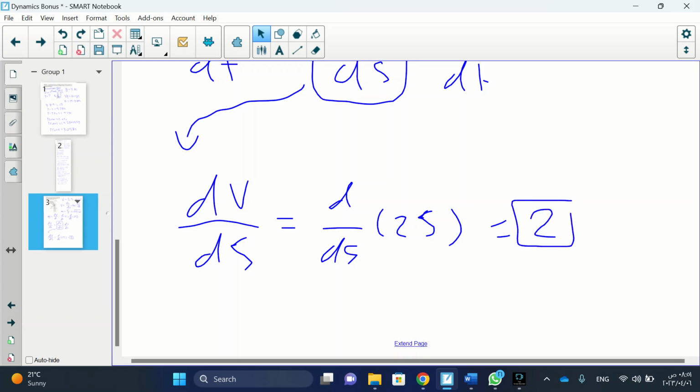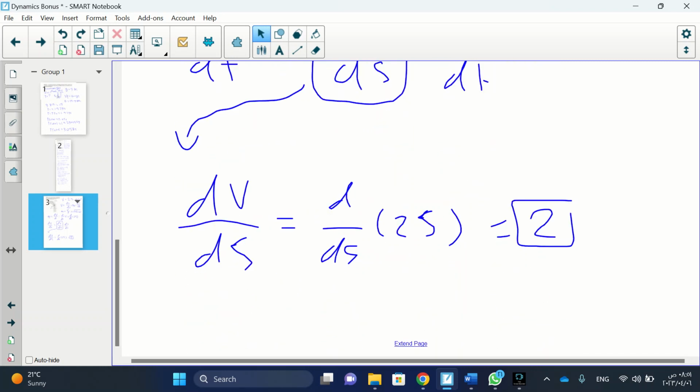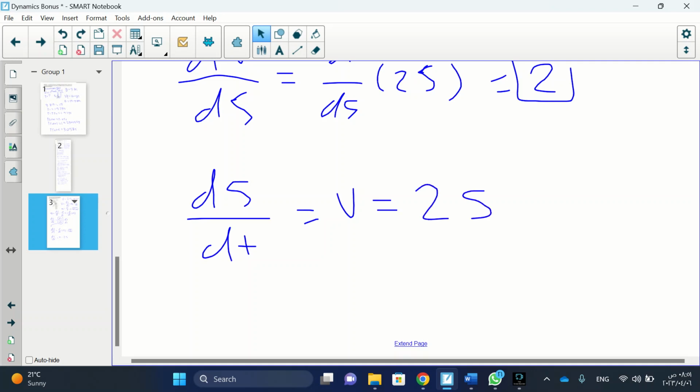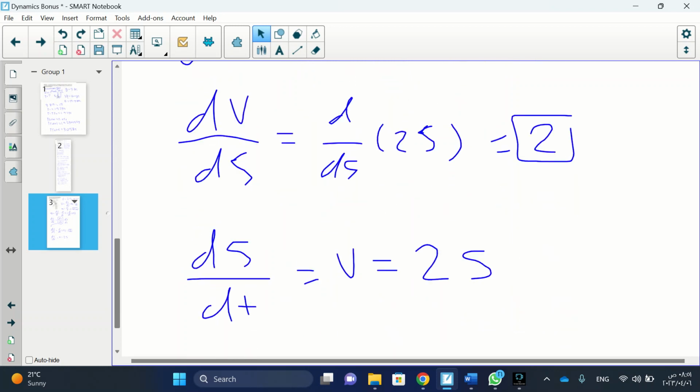Okay, so we found dv over ds. So let's find ds over dt. We know that ds over dt is equal to v, and we know from the equation that v is equal to 2s.